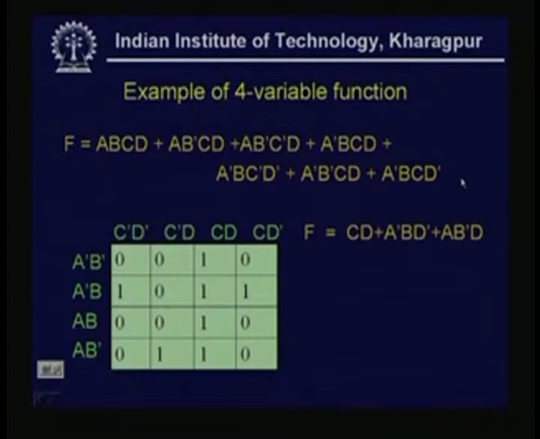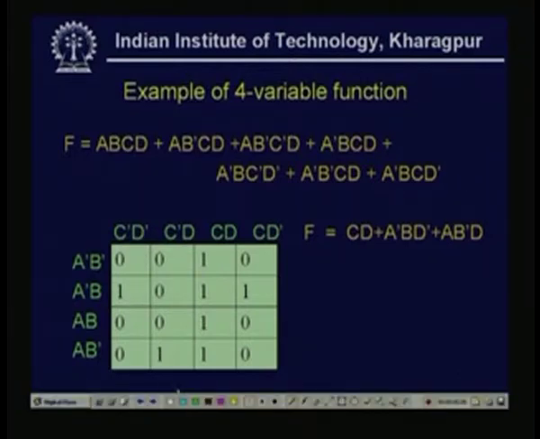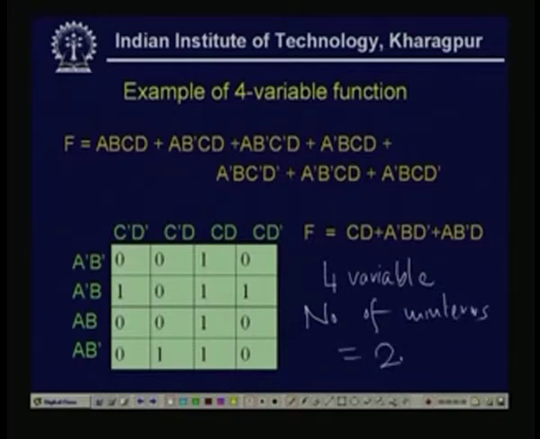As it is a 4 variable function, the number of min terms is 2 to the power 4, equal to 16.